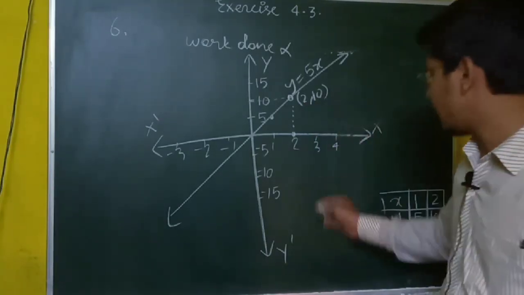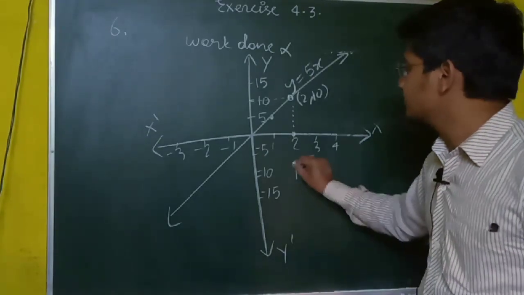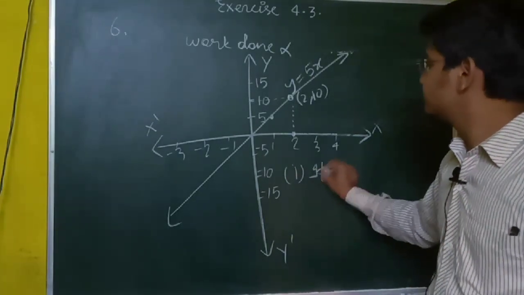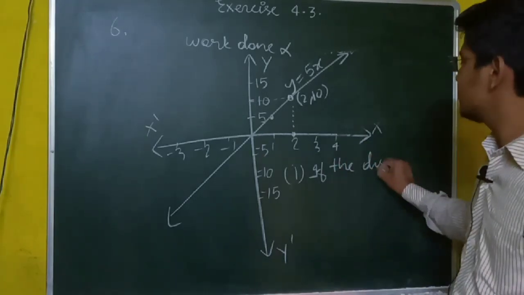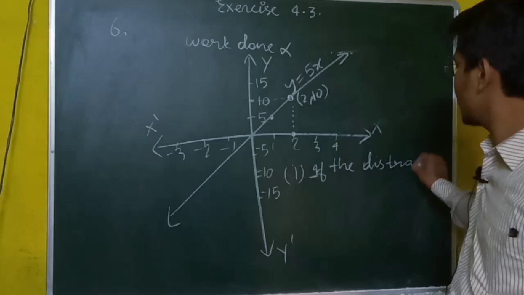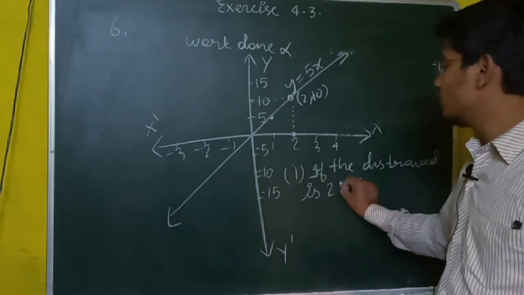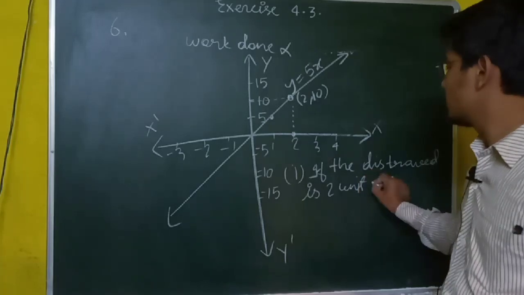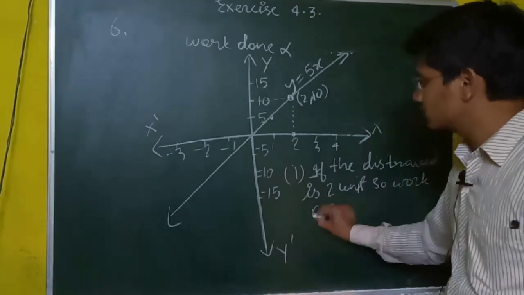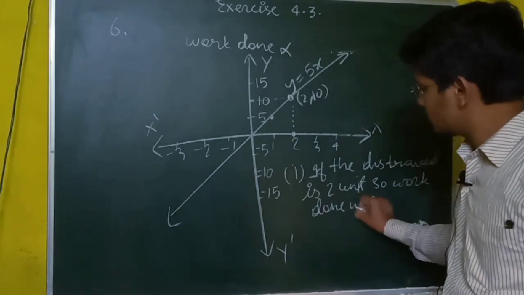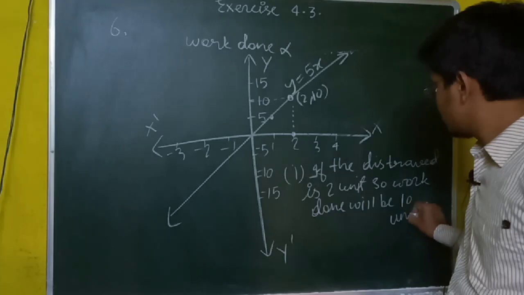So here we will write the answer of first question. If the distance travelled is 2 unit, so work done will be 10 unit.